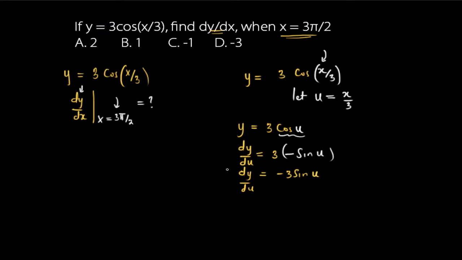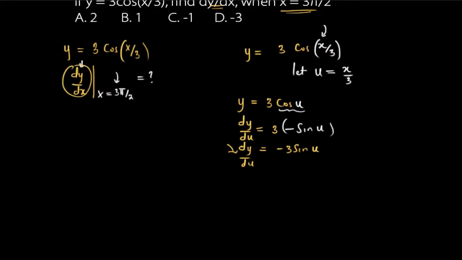But this is not our aim. Our aim is to find dy/dx, but what I have here is dy/du. So how can I find dy/dx? It can be obtained by simply multiplying this by du/dx.